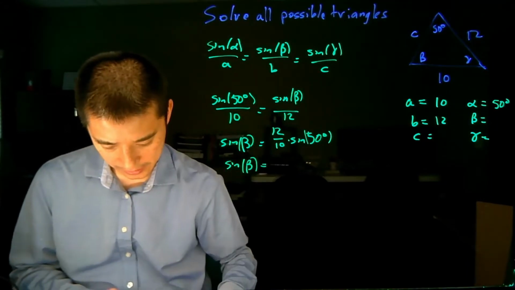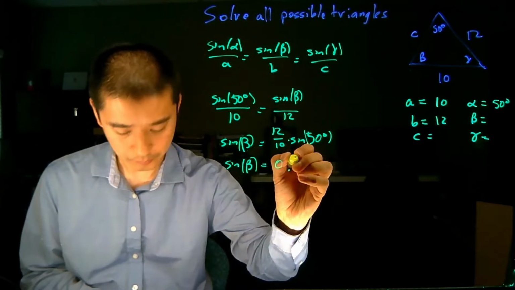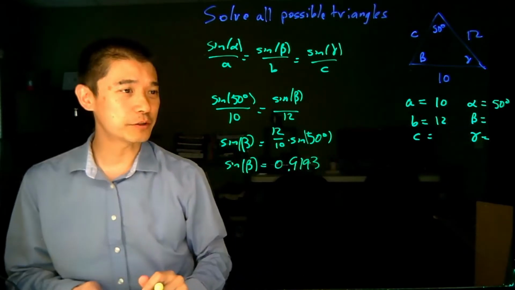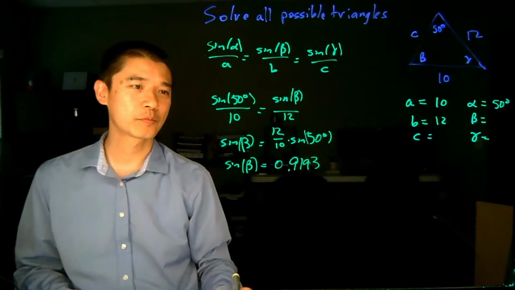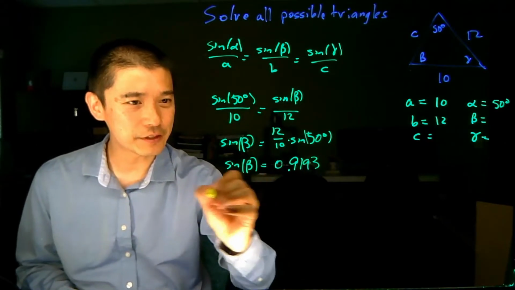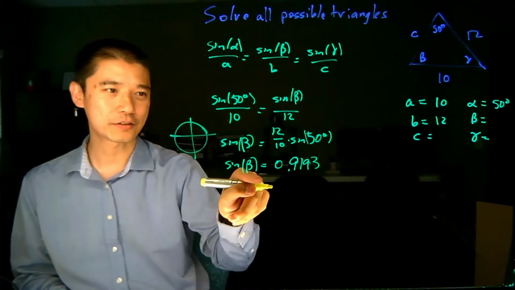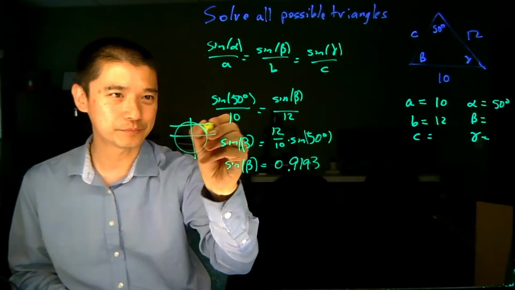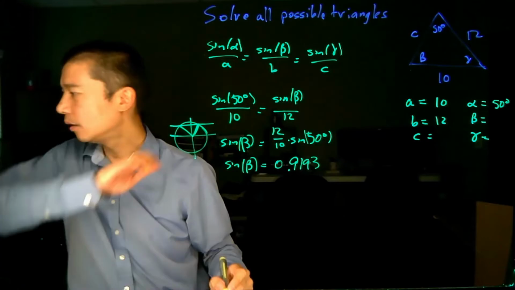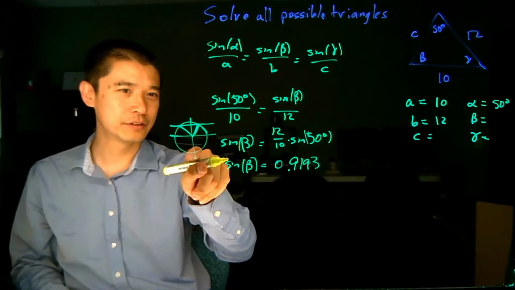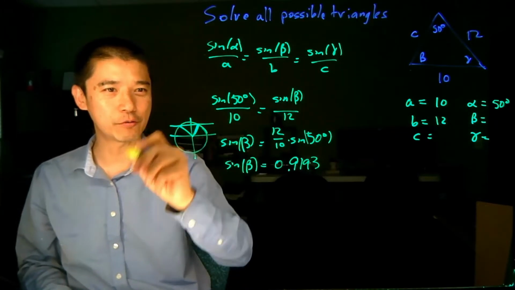Sine of beta is equal to 0.9193. Calculate the inverse sine of this. Oh, before we do that, let's draw our unit circle picture. Right? So sine is equal to a positive value. And we can see that we have solutions in quadrant 1 and quadrant 2.